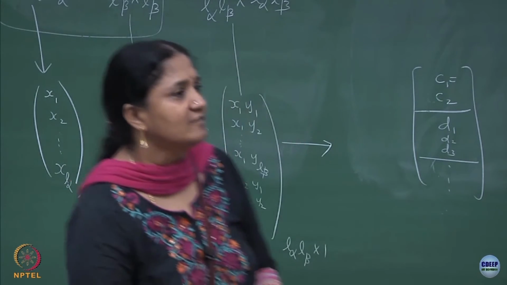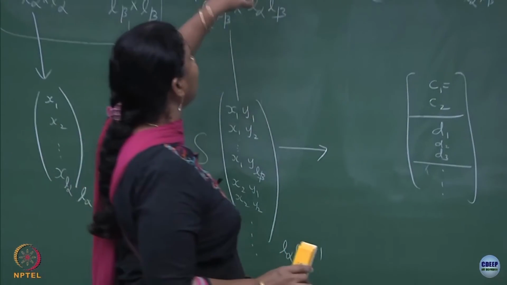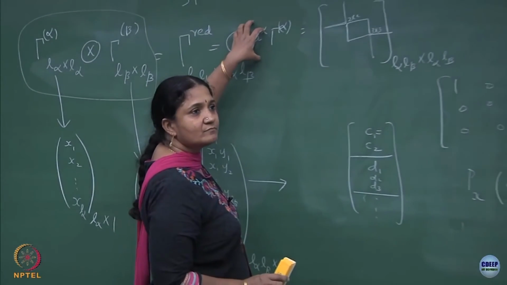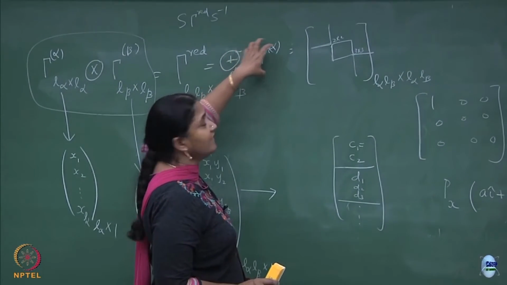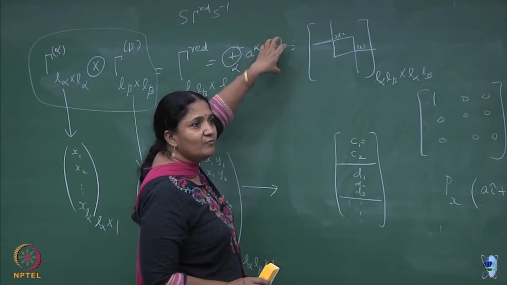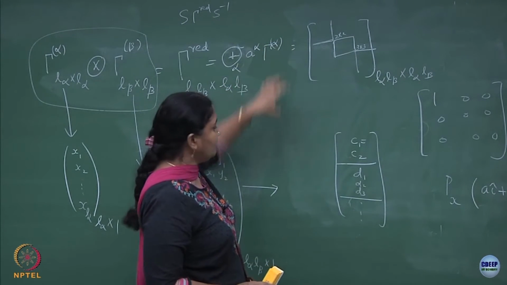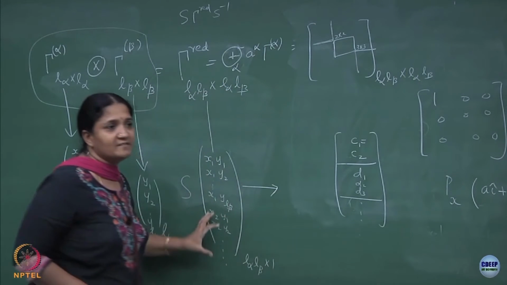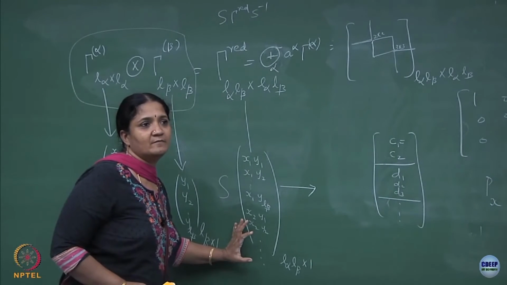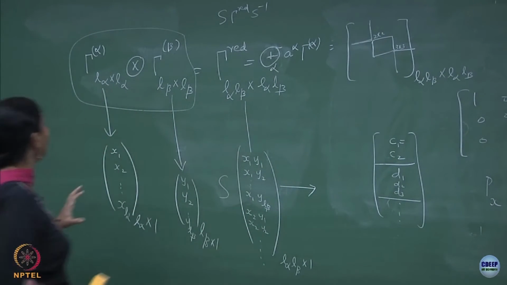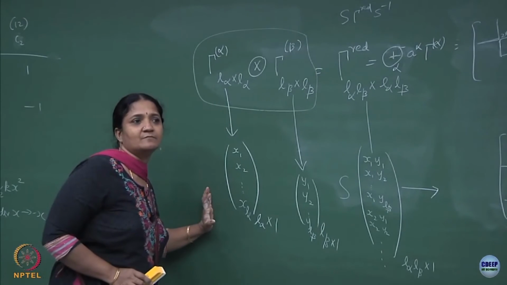Why am I doing this? I want to find a projection operator, instead of writing it like this, which when it operates on this basis, will be different for different irreps.